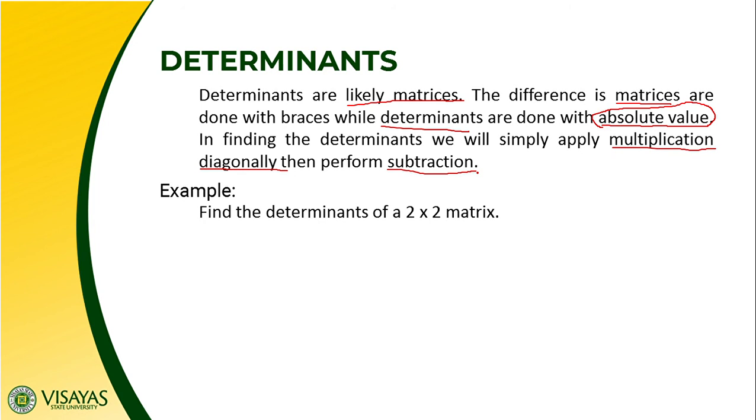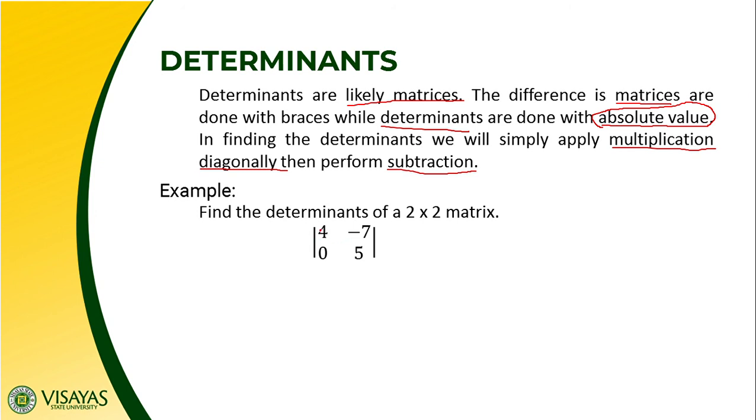So for instance, let us first discuss how to find the determinants of a 2 by 2 matrix. Given this determinant, as you can observe, this one is enclosed within an absolute value sign, not a brace. So this is what was mentioned here, the difference between a matrix and a determinant.